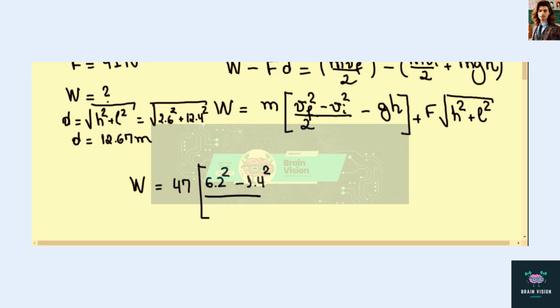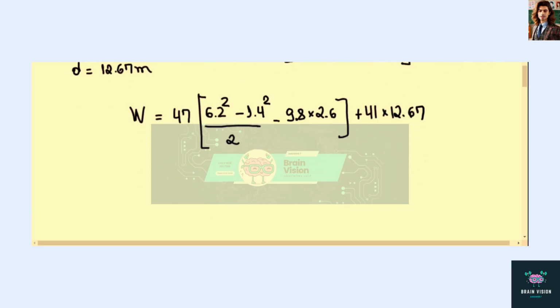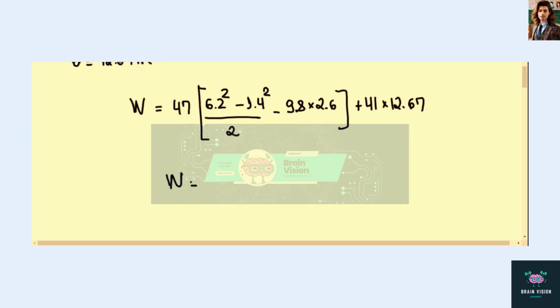We square both and divide by 2, minus g, that's 9.8, times h, that's 2.6, plus the force of 41 newtons times 12.67. So the work done by the boy on the wheelchair is 179.2 joules, which is the answer to our exercise.